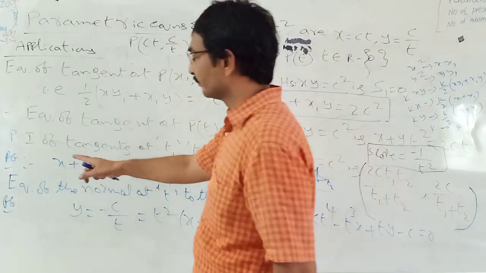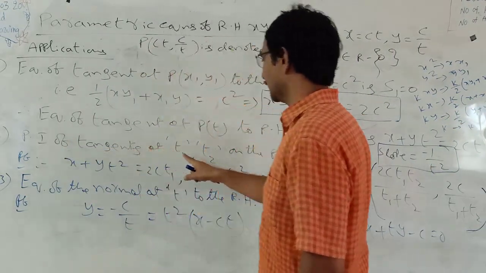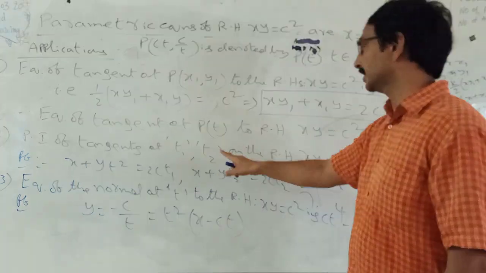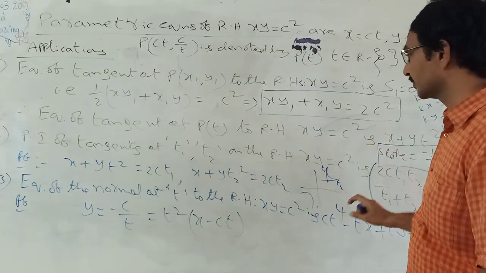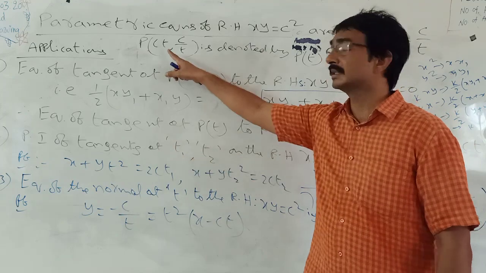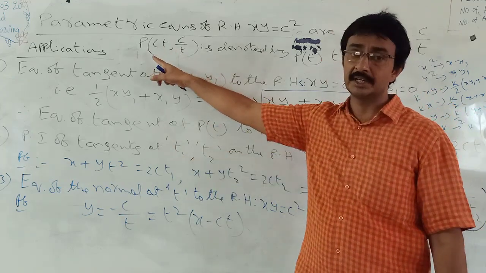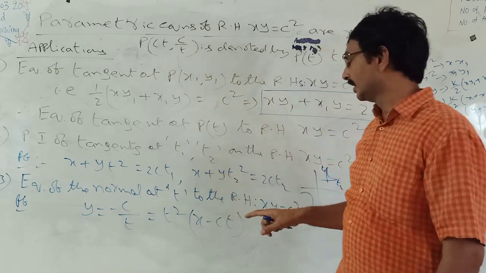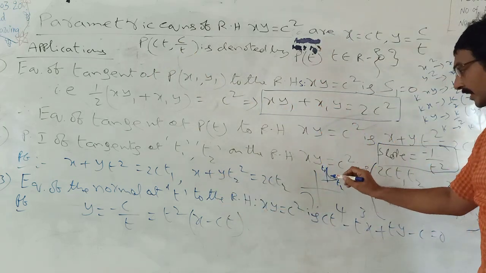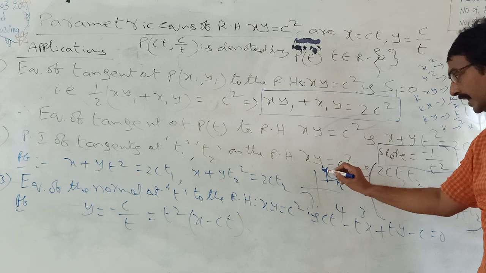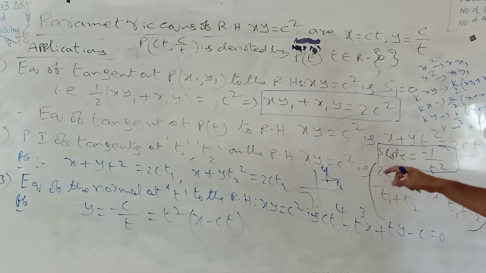Next application. Point of intersection of tangents at t1 comma t2 on the rectangular hyperbola. At t1 means ct1 comma c by t1. At t2 means ct2 comma c by t2. So what is required is the point of intersection of tangents at t1 and t2.